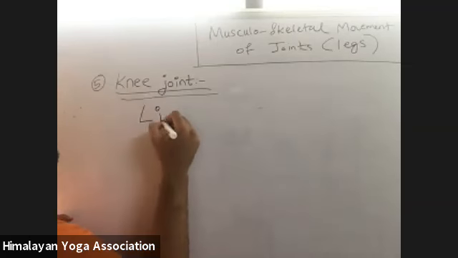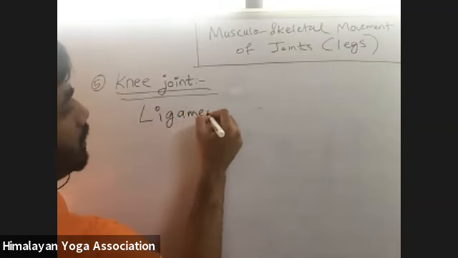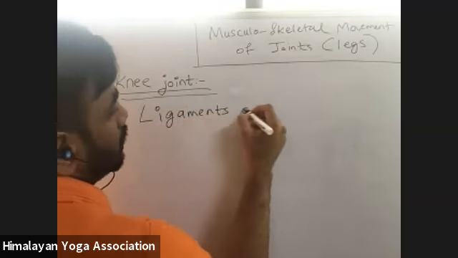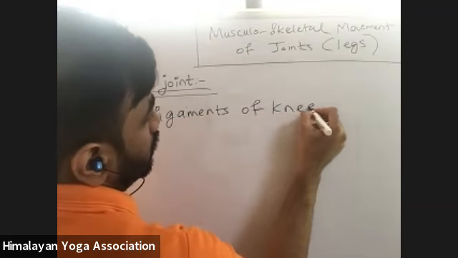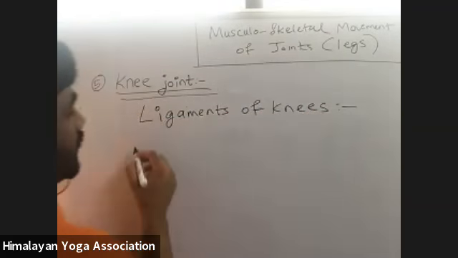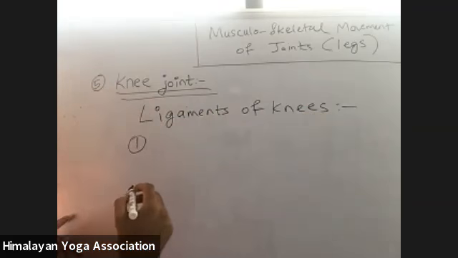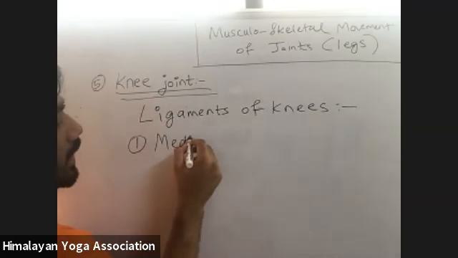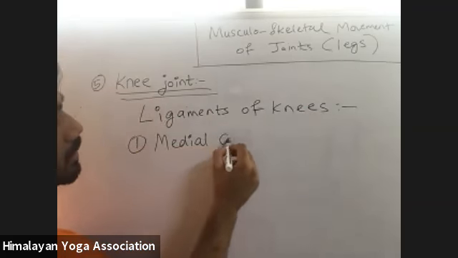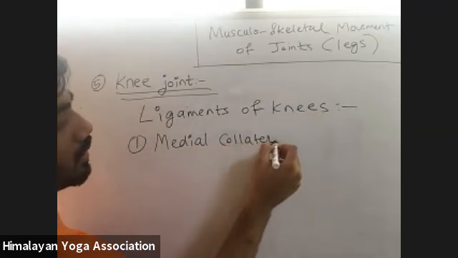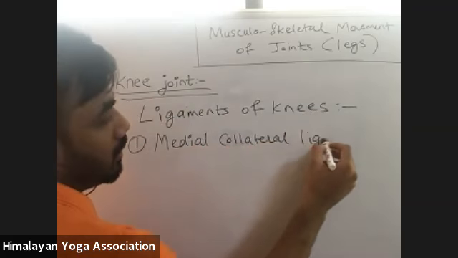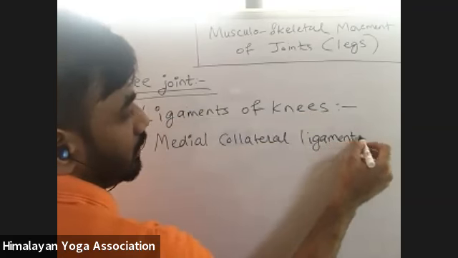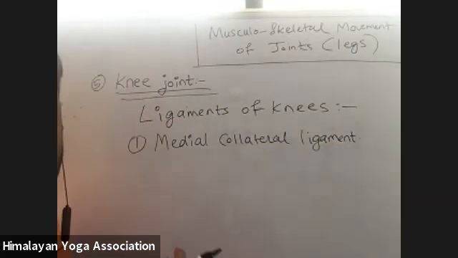So what are the ligaments for the knee? The ligaments of the knee are the medial collateral ligament, that is connected with our knee.